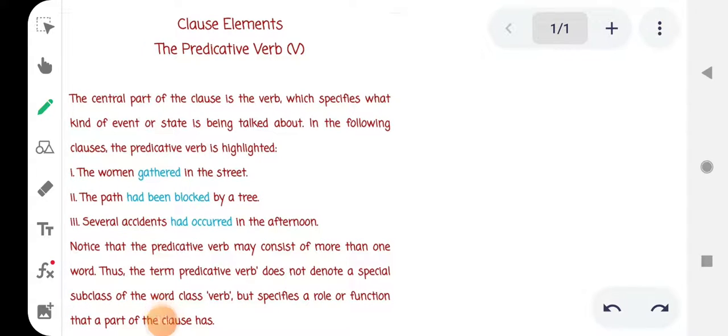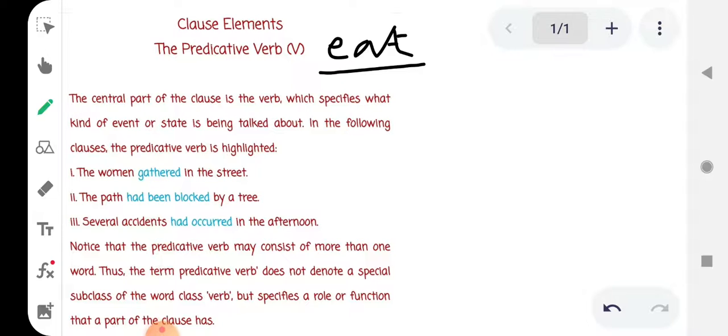If we take one verb, for example, eat. This is a dictionary-based root word, eat, which is in the dictionary denoted as a verb.